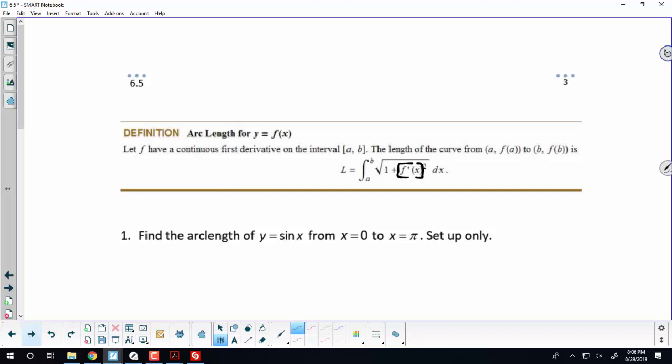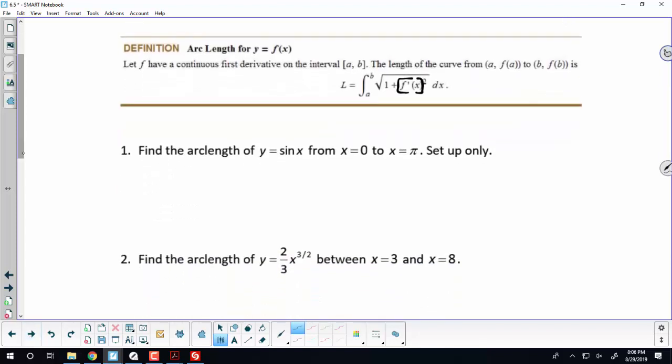And then we can go back to that first one that we used to motivate this. What's the arc length of sine x from 0 to pi? We'll set this one up only because the integral is not something we can do. But really what it boils down to is finding the first derivative and squaring it and putting that into the integrand.